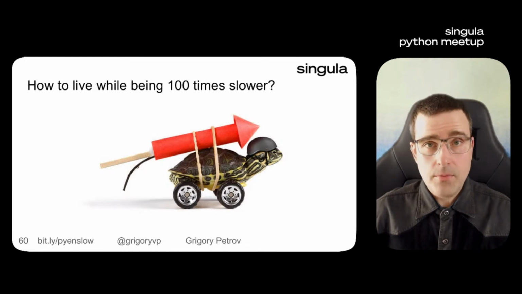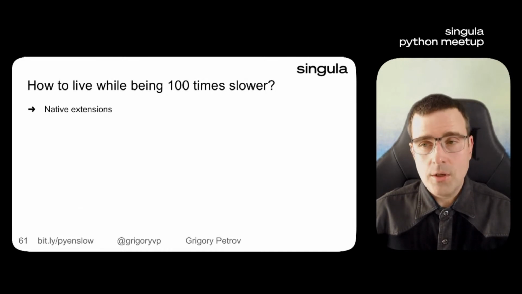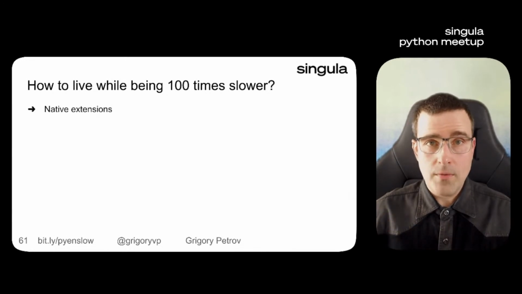How do we live with such a slow language? First of all, native extensions. The GIL, Global Interpreter Lock, is used by the garbage collector to provide rich semantics. It limits how our Python code can execute with threads, how it can scale.